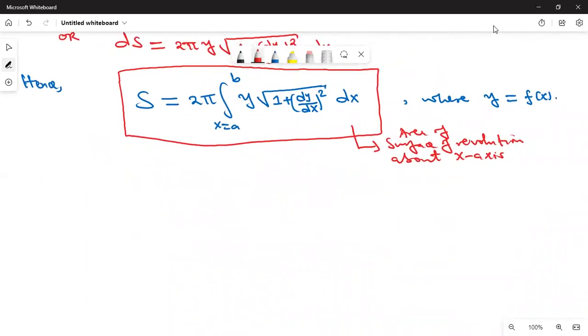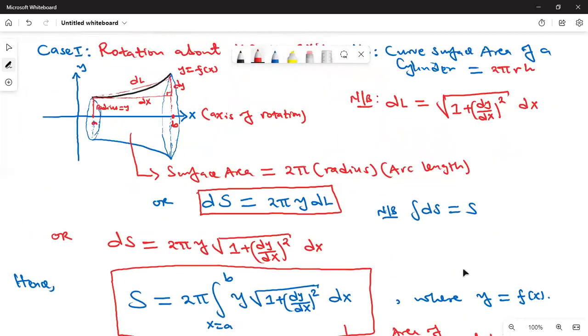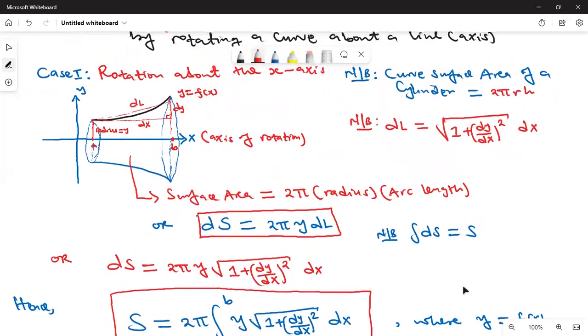Case 2, rotation, or simply rotation and revolution, just the same, about the y-axis. If you rotate your curve about the y-axis, what will be the area of the surface generated?